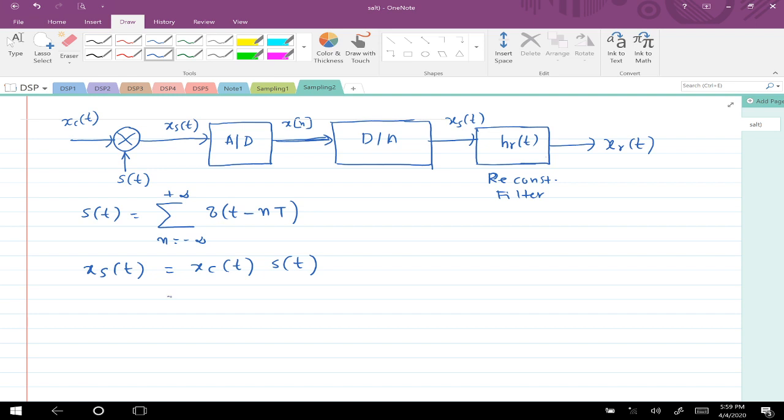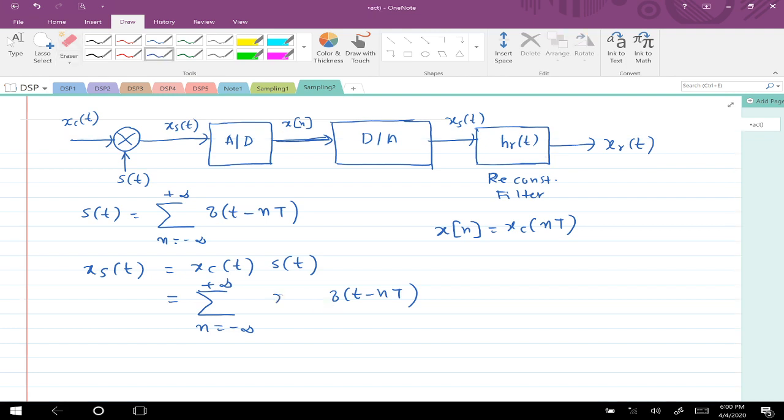We ended up with the sum over n from minus infinity to plus infinity of xc of nt times delta of t minus nt. And of course, as we know, x of n is nothing but xc of nt, so I could have written this as x of n as well.